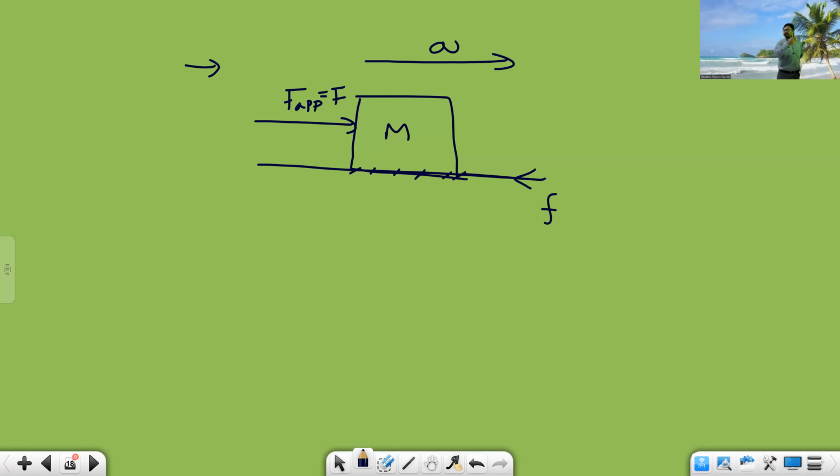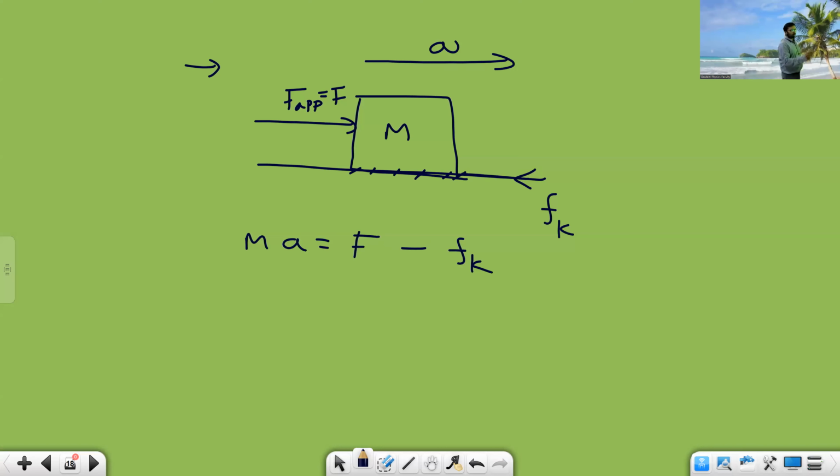The body is accelerating, which means it is sliding. Sliding means sliding friction or kinetic friction, Fk. The body is moving right side. Simple logic: moving right side means right side acting force minus left side acting force. Right side acting force is the applied force. Left side acting force is the frictional force.